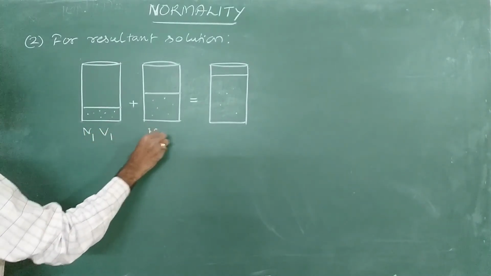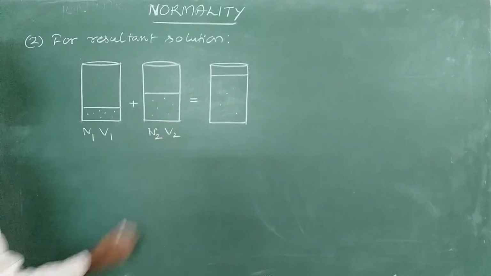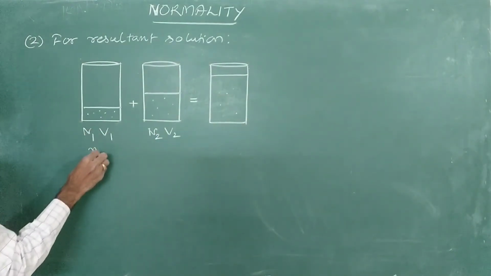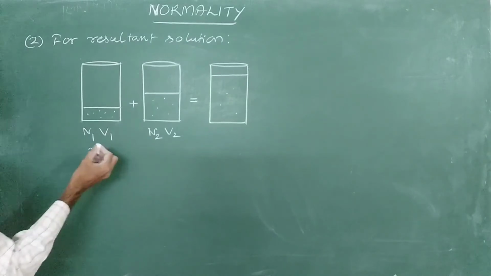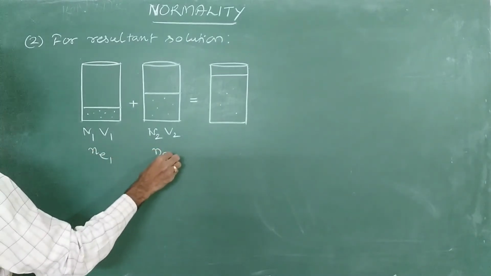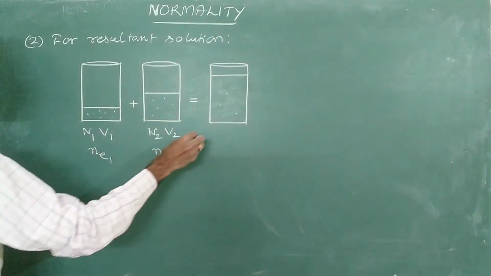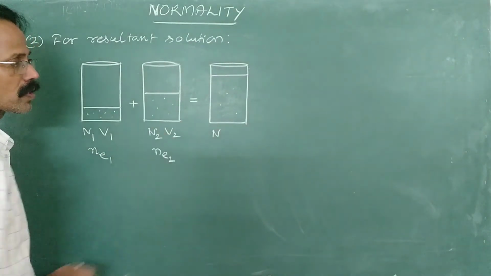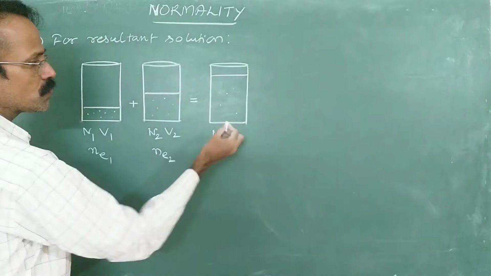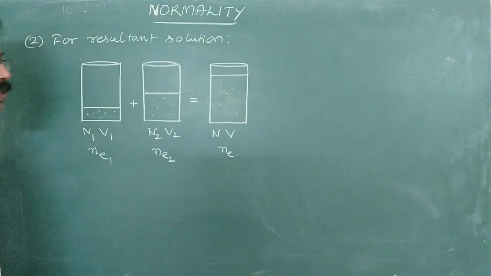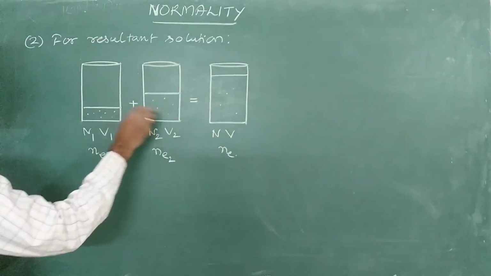Normality of second solution is N2, volume is V2, and number of equivalents is Ne1 and Ne2. So when they are mixed, what happens? Normality of the resulting solution becomes N, volume is V, and the number of equivalents is Ne.